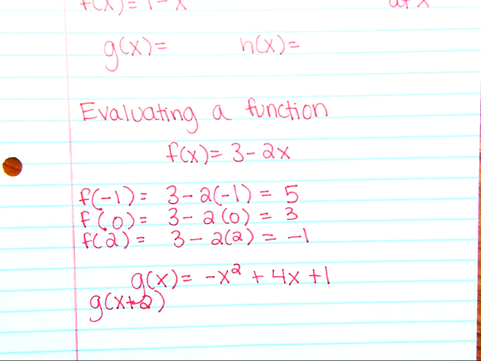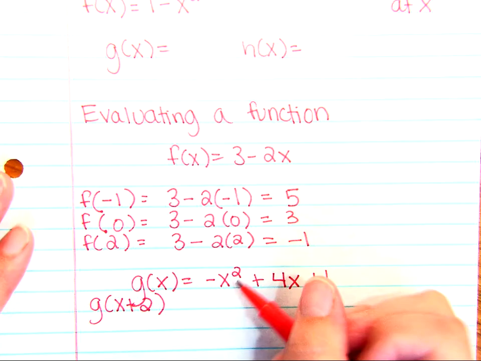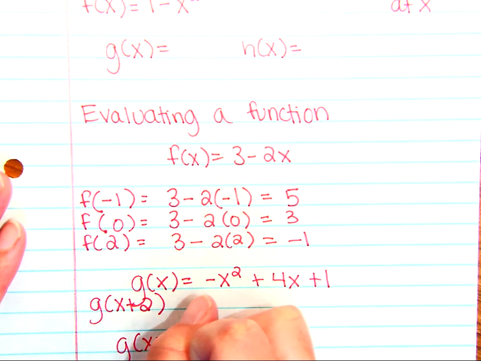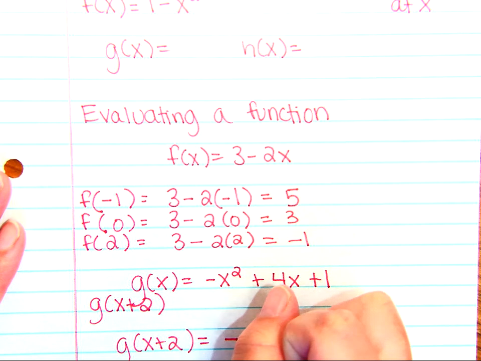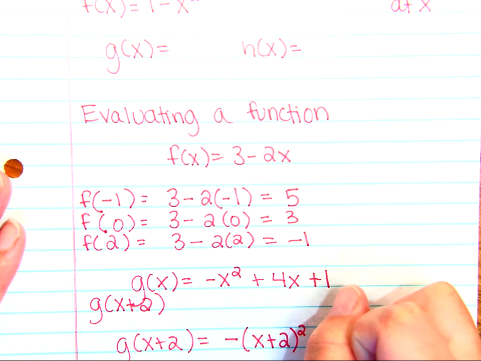So what that means is everywhere there is an x, instead of just having x, I'm going to write x plus 2. So here, instead of x, when I do g of x plus 2, it's going to become negative x plus 2 squared plus 4.